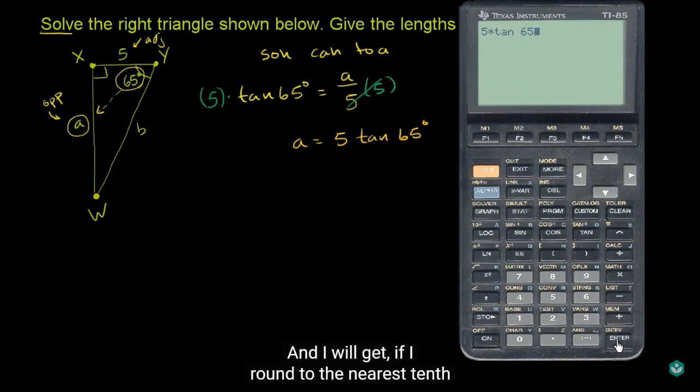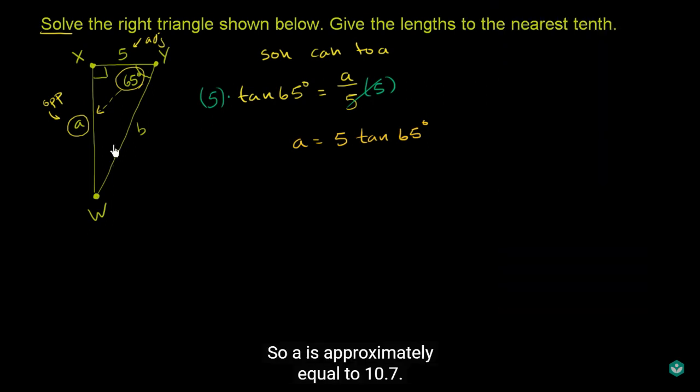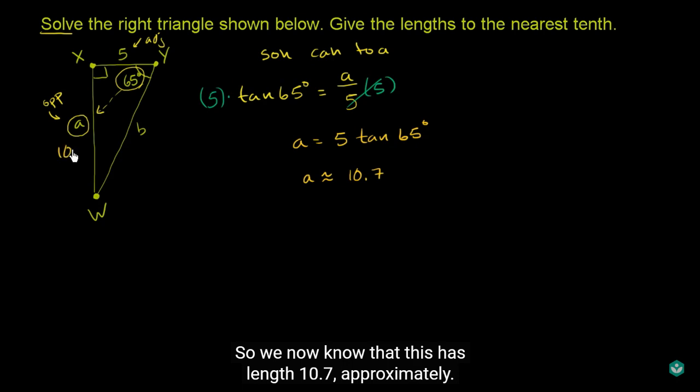And I get, if I round to the nearest tenth, like they asked me to, 10.7. So A is approximately equal to 10.7. I say approximately because I rounded it. This is not the exact number, but A is equal to 10.7. So we now know that this has length 10.7 approximately.